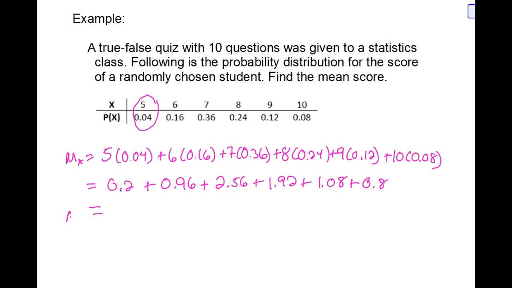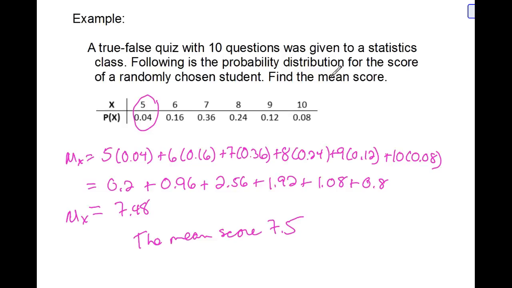If I add those all together, I get 7.48. So this student's mean score is a 7.5. Notice I rounded to 1 decimal place, and that is because our values are whole numbers. Remember our rounding rules. The mean is rounded to 1 decimal place more than what our x values are. So I rounded to 1 decimal place.